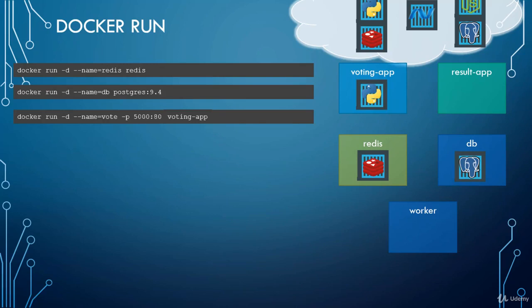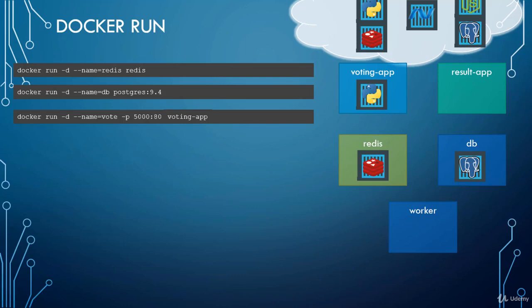Next, we will start with the application services. We will deploy a front-end app for voting interface by running an instance of voting app image. Run the docker run command and name the instance vote. Since this is a web server, it has a web UI instance running on port 80. We will publish that port to 5000 on the host system so we can access it from a browser.